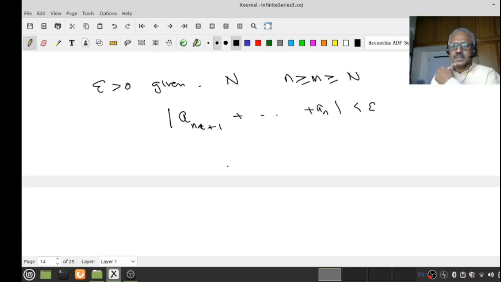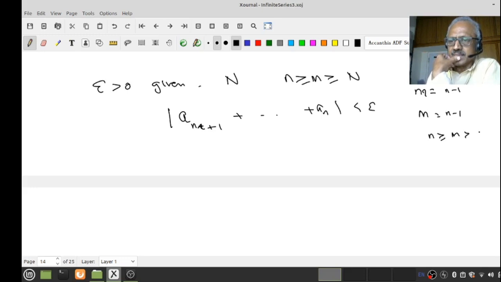Right. Now let us look at m equal to n minus 1. Therefore n will be greater than or equal to m, and this is greater than or equal to capital N. That is, n minus 1 is greater than or equal to N. You understand that?